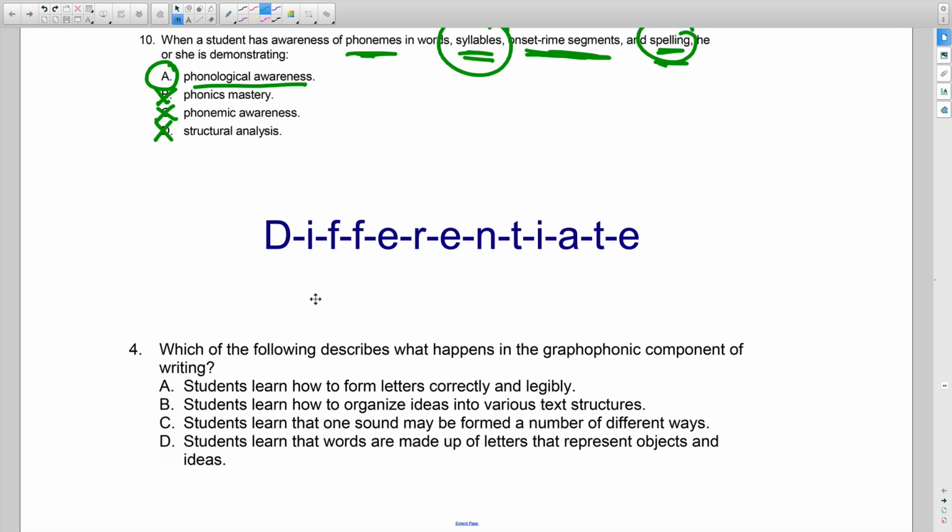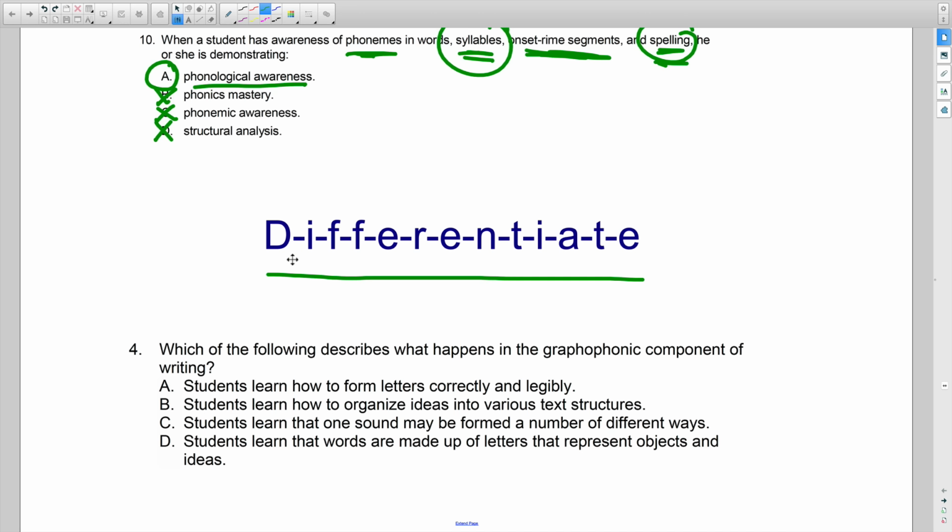Now, be careful. Sometimes you'll see something like this on the test, and it may say something like, a teacher is breaking up this particular word and showing students. Now, you see I have this word written here, but what have I done? I have broken this word up into individual sounds. So the word is differentiate. It's a big word. You probably wouldn't use this with students, but I have seen this on the exam.